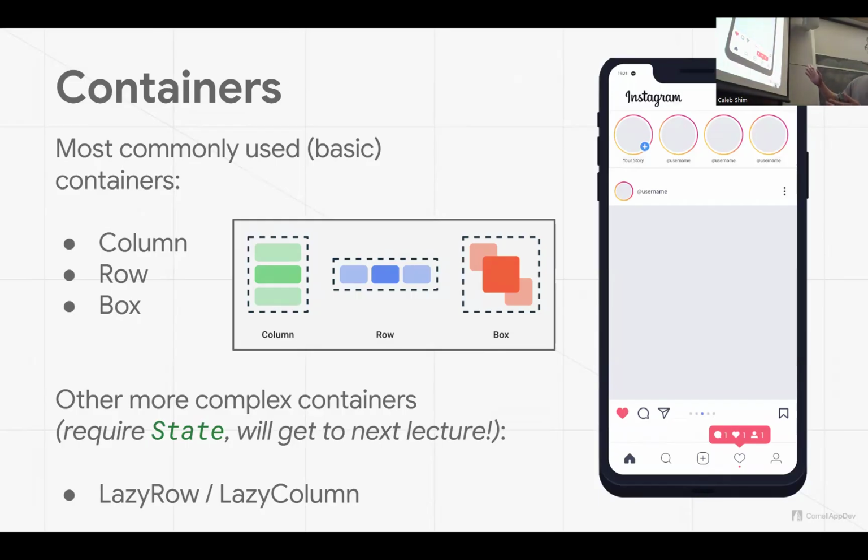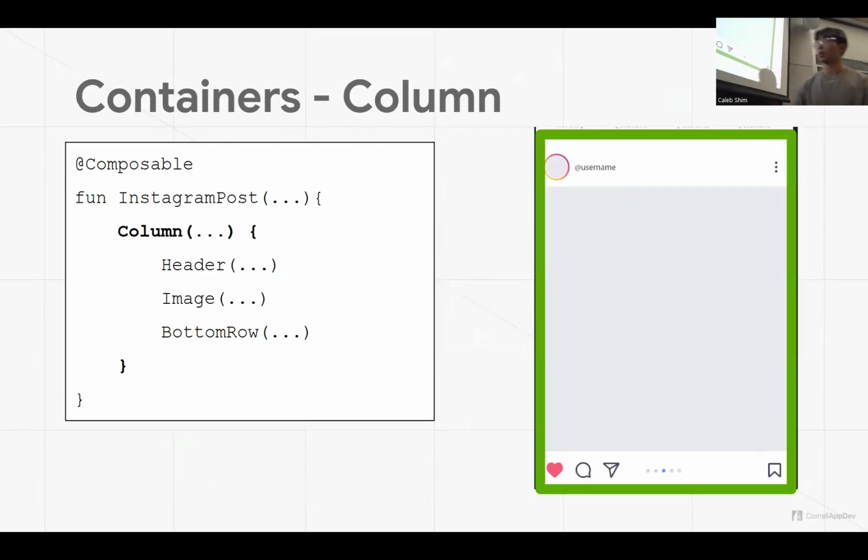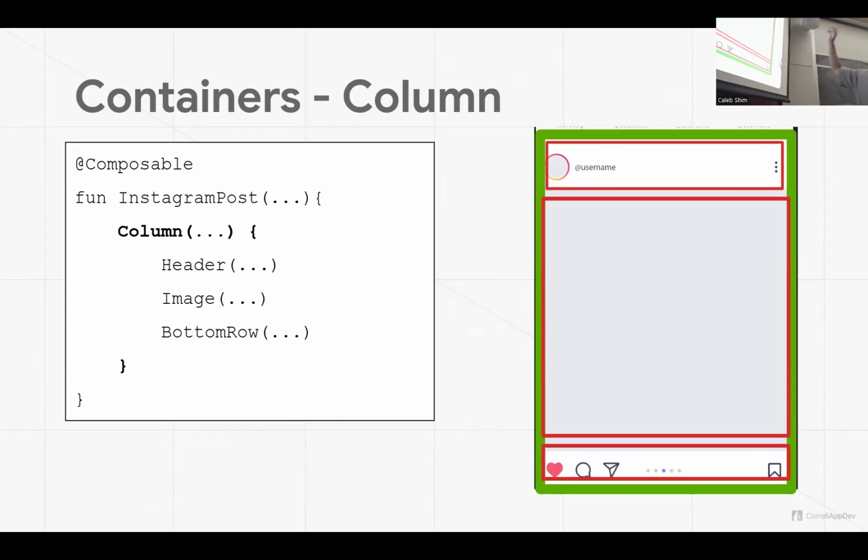And here's the Instagram screen. In the next few slides, I'll break down some of the composables that make up this screen using the layouts. For a column, we can break down this post component as a column. Here we can think of it as made up of three separate components, stacked right on top of each other: the header, the image, and then the row of all the buttons and stuff.